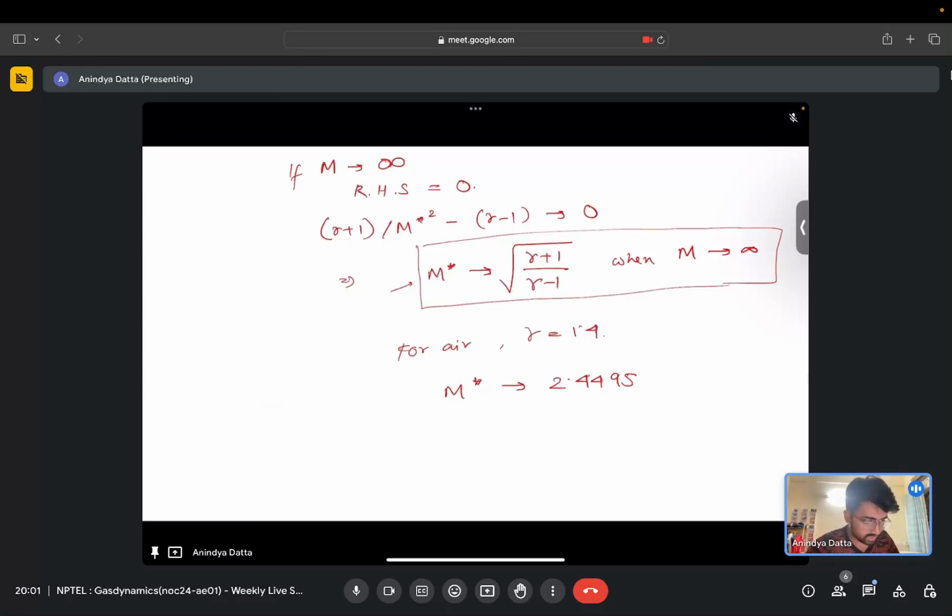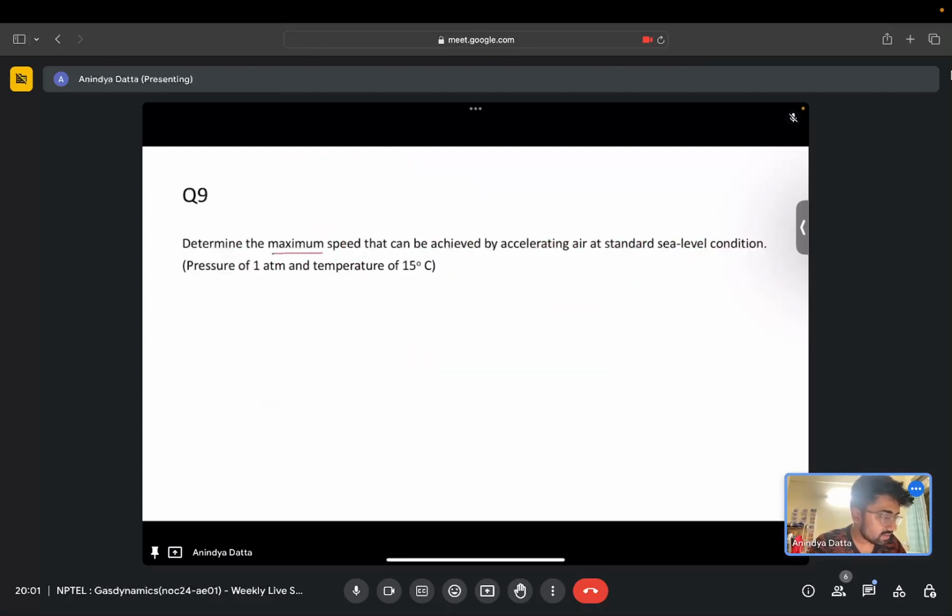Okay, so one thing is question 9. You have to determine the maximum speed that can be achieved by accelerating air at standard sea level condition. At standard sea level condition, what is given is a pressure of 1 atm and temperature of 15 degrees Celsius.